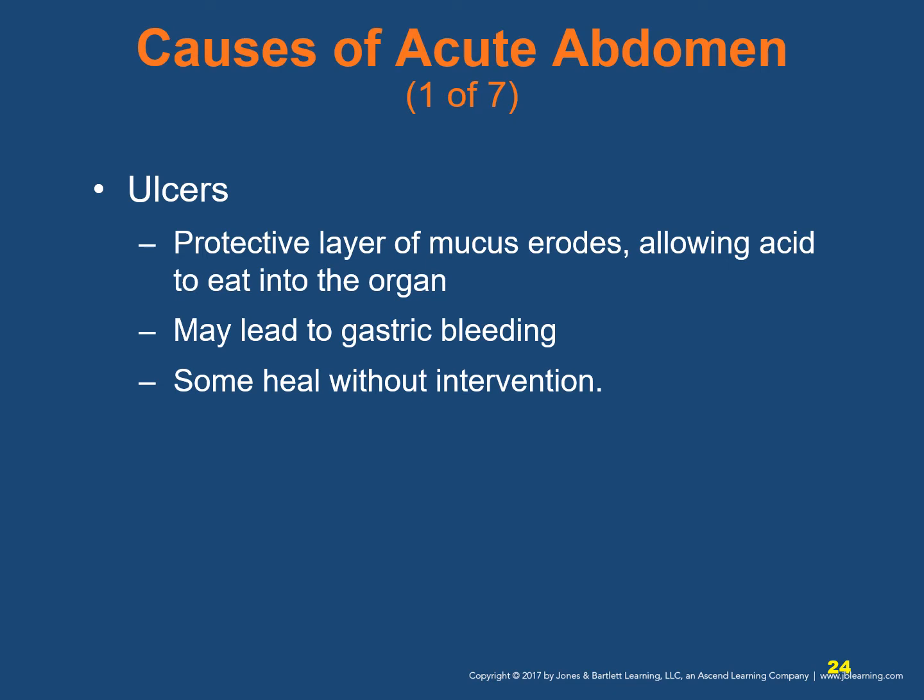Ulcers are a common cause of acute abdomen pain or abdominal pain. Ulcers form when the protective layer of mucus inside the stomach erodes, and this allows the stomach acids to eat into the organ or the stomach itself. Now that's a peptic ulcer, and that's an ulcer that occurs in the stomach itself.